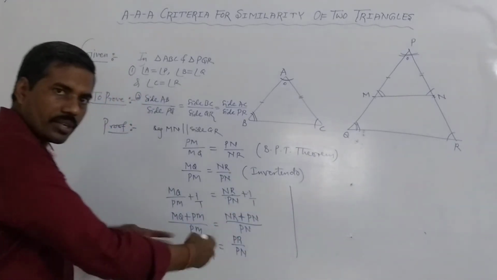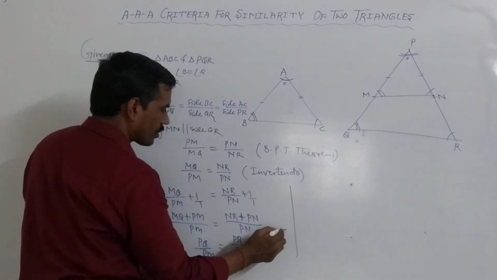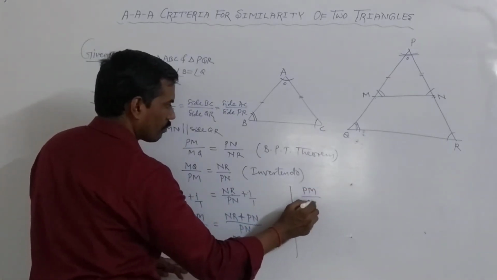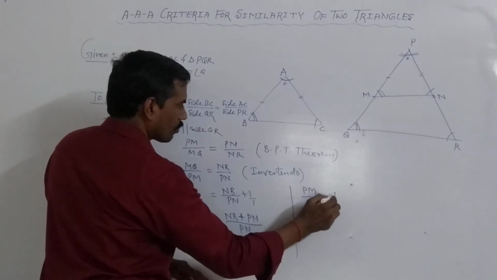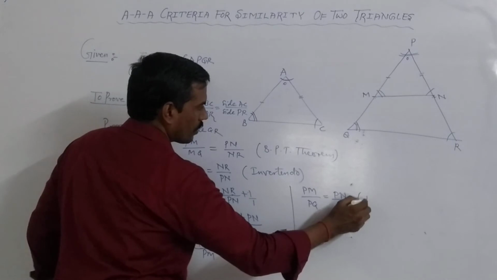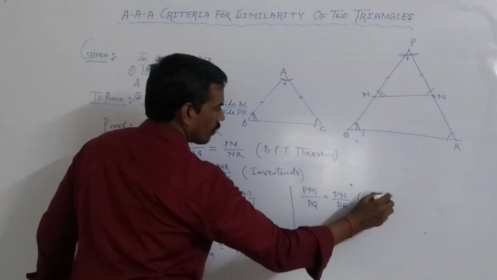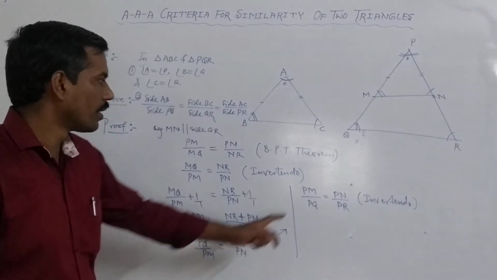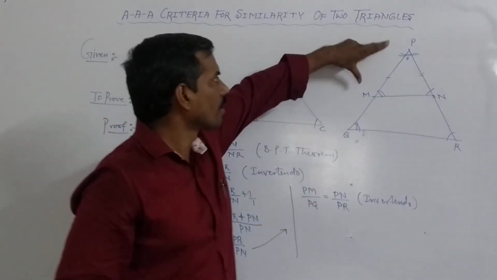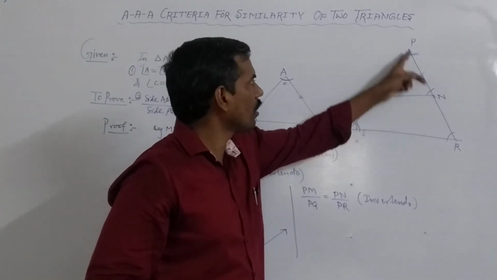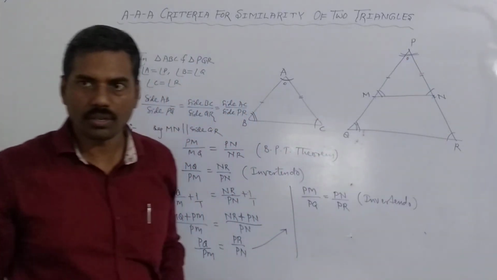Again, using invertendo, we can write PM upon PQ is equal to PN upon PR. Correct?